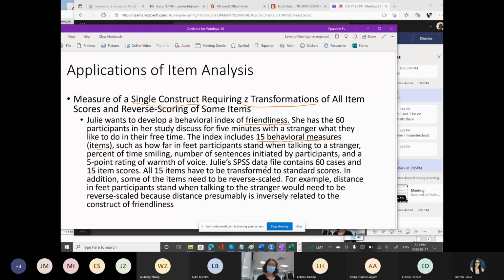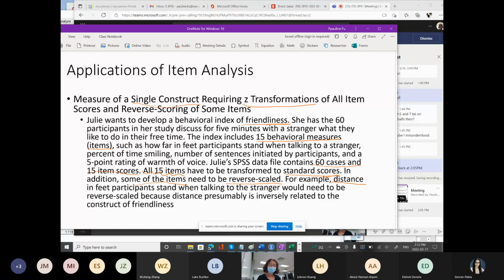And this researcher's data file consists of 60 cases, 15 item scores. All 15 scores need to be transformed to Z scores, standard scores. In addition, some of the items need to be reverse scaled. For example, the distance in feet participants stand when talking to the stranger will be reversed.